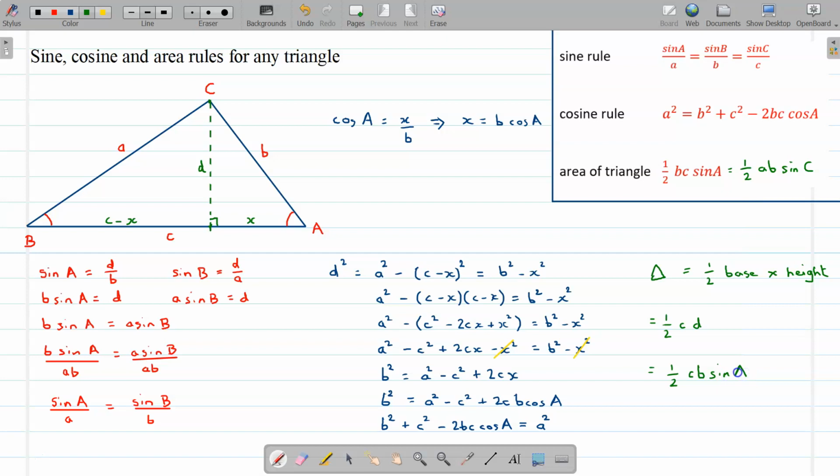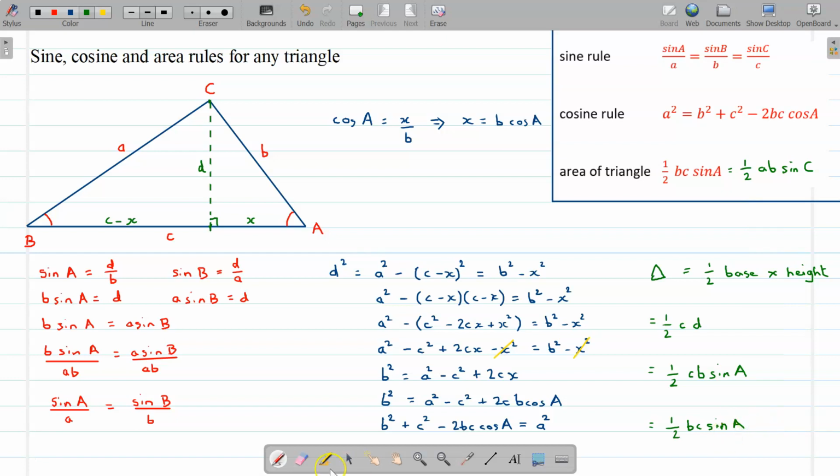Okay, that gives us one version of this. It gives us this one here. We just tend to put the letters in alphabetical order, so it's just swapping the c and the b over. So it's a half bc sine A. So it's actually quite easy to prove that when you've done the sine rule, which we did earlier.